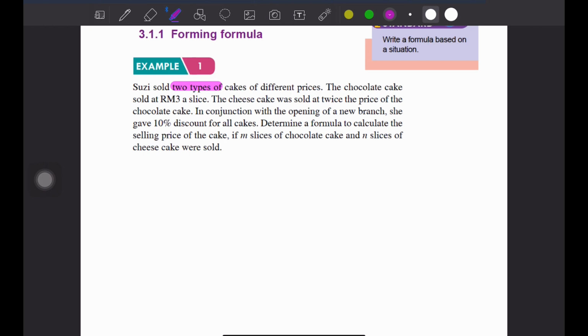Determine a formula to calculate the selling price of the cake if m slices of chocolate cake and n slices of cheesecake were sold. So this question asks us to find the price if Susie sold m slices of chocolate cake and n slices of cheesecake with a 10% discount.